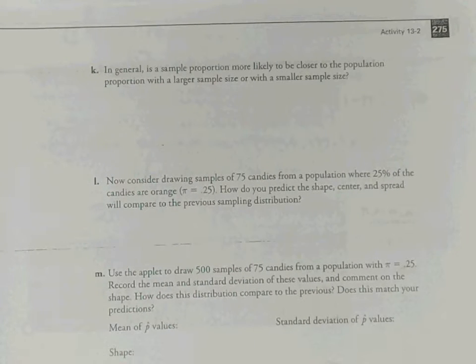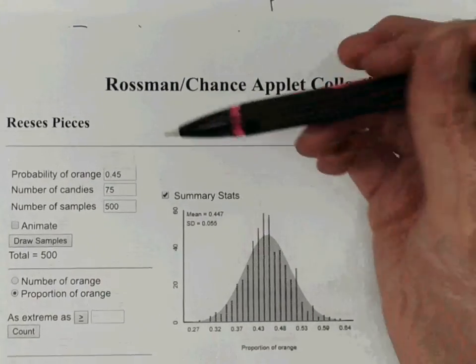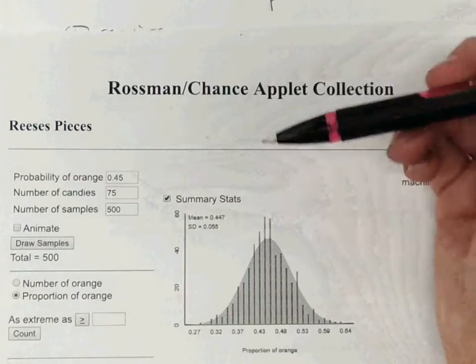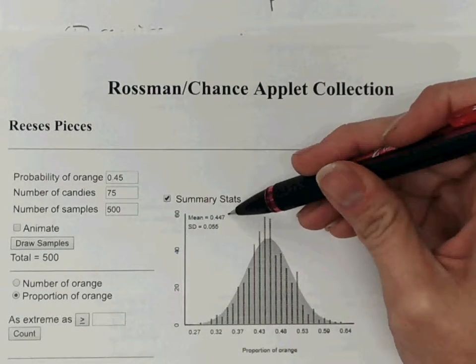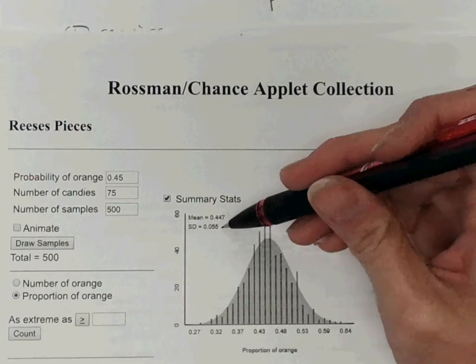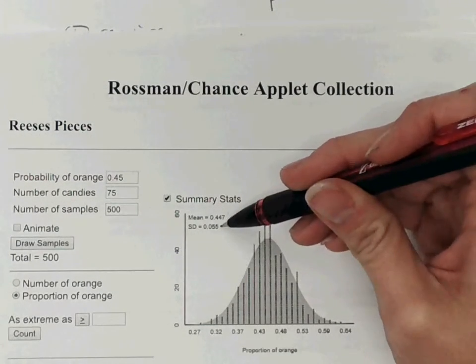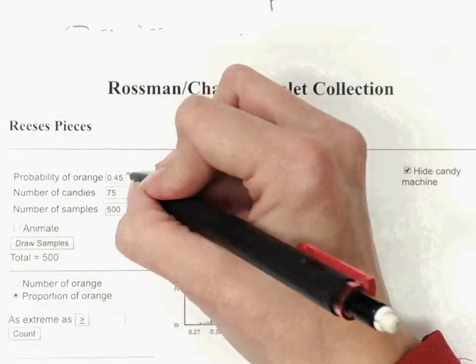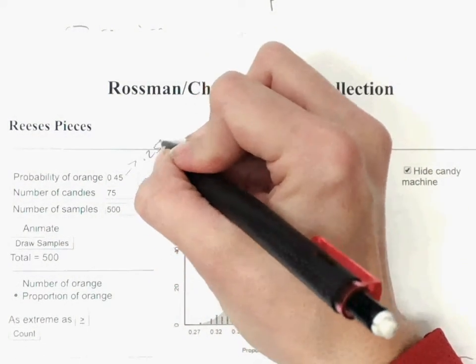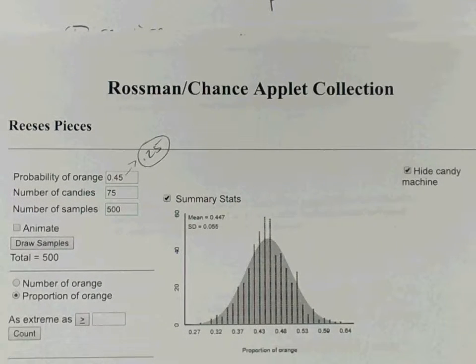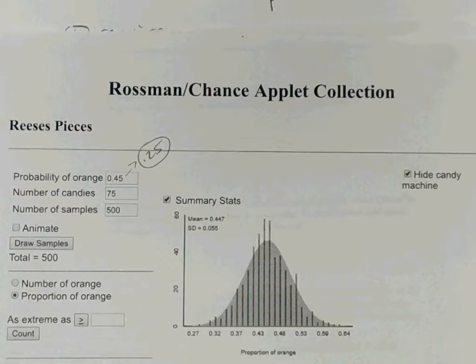Now, when we had our sample size of 75 and our population proportion was 0.45, notice our mean was 0.447, or about 0.45, and then that standard deviation was 0.055. Now, if I just change this to 0.25, how do you think this is going to change this distribution based off of that central limit theorem? So think about that for a moment.